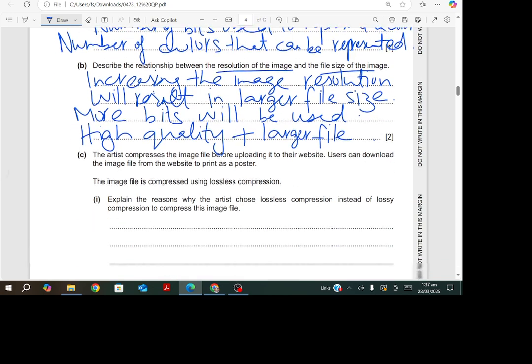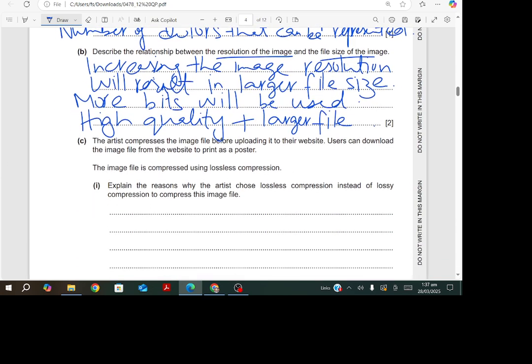That's it. Increasing the image resolution will result in larger file size, more bits will be used, high quality, so plus larger file size.